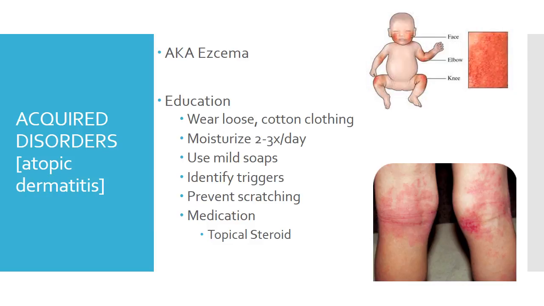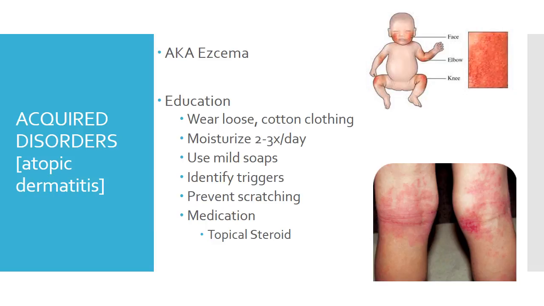Typically, what you'll see in infants is called babies or infantile eczema. Infantile eczema is what it's called, and they'll tend to have it on their elbows, knees, face, and scalp, which you can see in the picture to the right. And then there is childhood eczema, which typically has an onset of 2 to 3 years, and then 90% of the children will have a manifestation by 5 years of age.